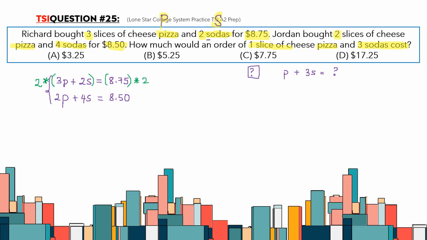Now it will become 6P plus 4S equal, 2 times 5 is 10, write 0, remember 1. 2 times 7 is 14, remember 1 is 15, write 5, remember 1. 2 times 8 is 16, remember 1 is 17.